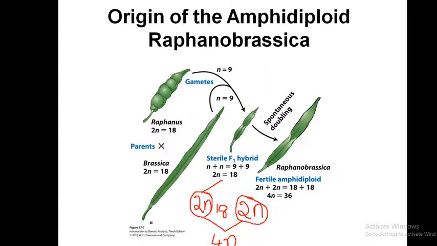So first step is formation of unreduced gametes having the diploid number of chromosomes, and when these fuse with another gamete with the diploid number of chromosomes, that will result in the formation of 4n. That is what is shown here in case of this Raphanobrassica, that is 4n, equal to 36.